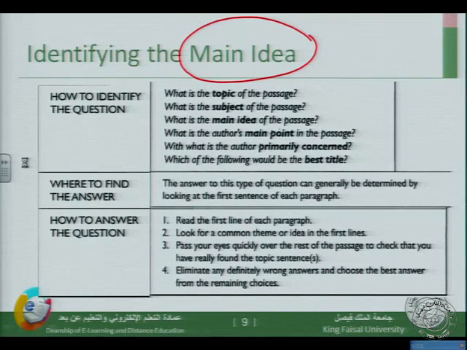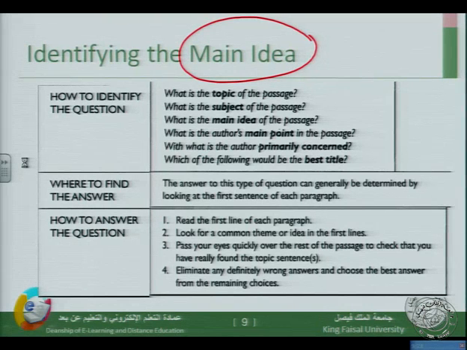What is the main idea of this passage? What is the main idea of this essay? Since it is an important and repeated question, we need to know how to identify the main idea, how to locate it, how to find it in one passage.